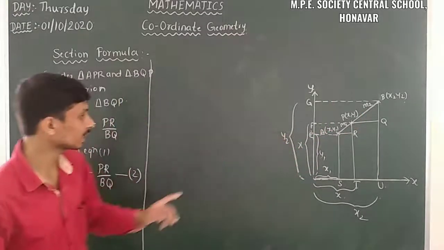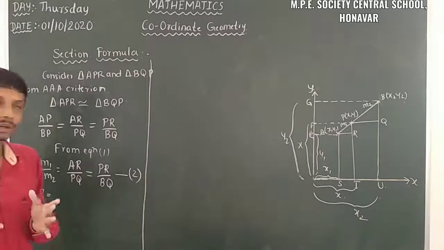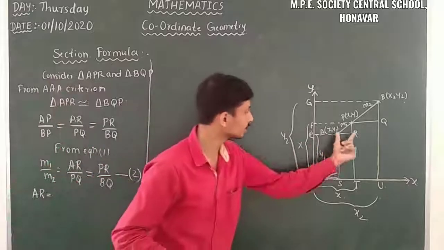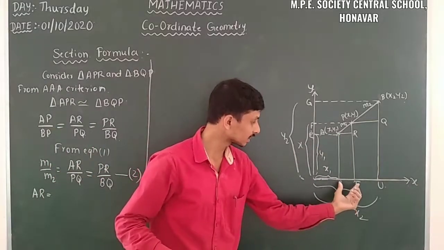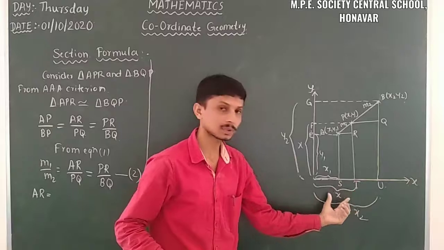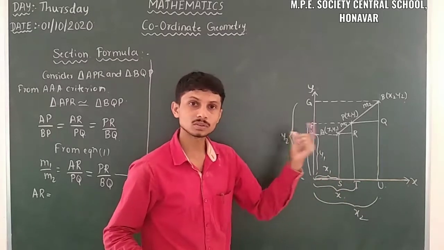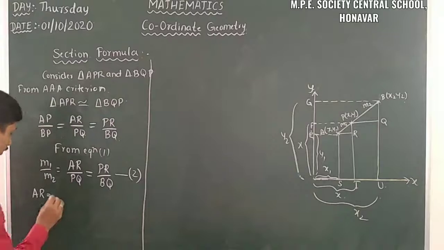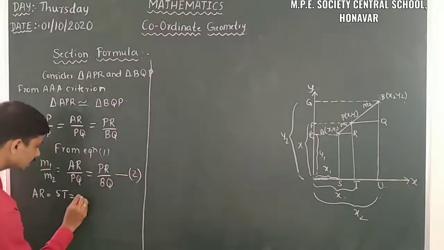Firstly, I will take AR. So how can we write AR in terms of x1 and y1, x2 and y2? Just observe, AR is equal to ST. This is the distance I want, meaning when we subtract x1 from x, we get ST. So AR is equal to ST, which can be written as x minus x1.